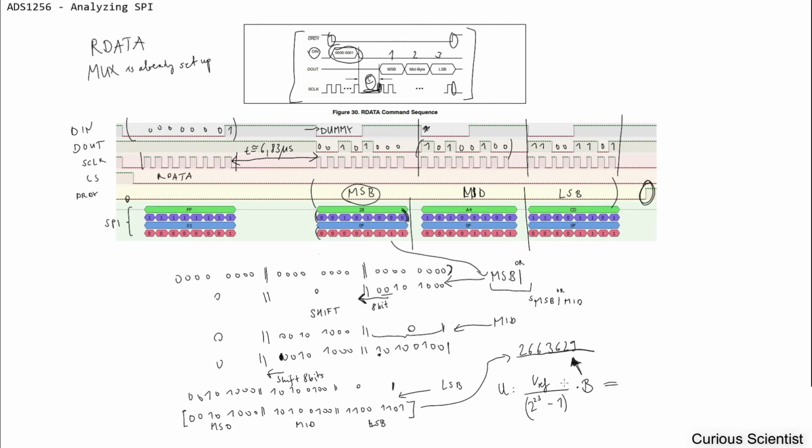So if we do this, we know that the VREG is 5 volt. We get 1.5876 volts. So this is the final result.